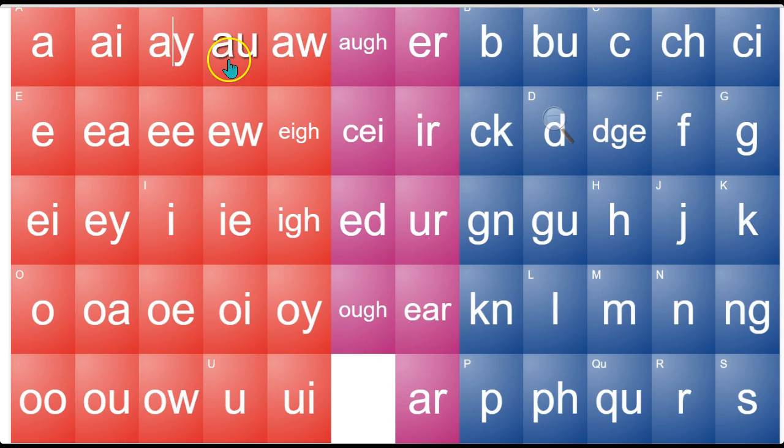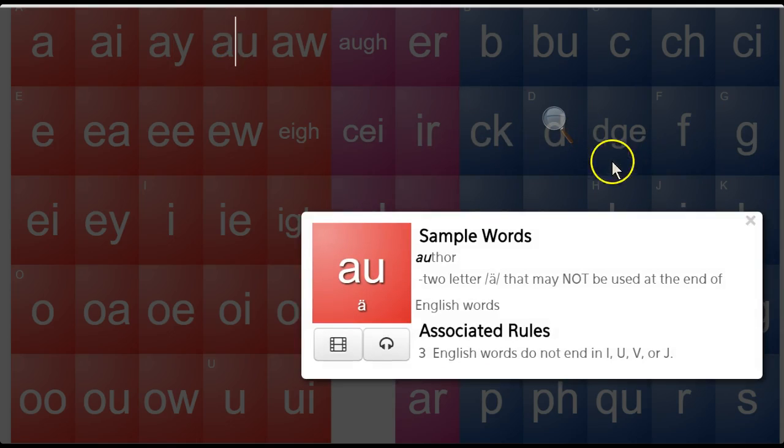So let's go to the next sound. We know we have three sounds for the letter A, and this is one of the other sounds, but it's two letters to make that one sound.